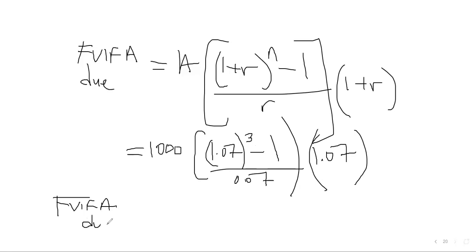From here, we can finish up. This is 1.07 to the power 3 minus 1, divided by 0.07, multiplied by 1,000 and by 1.07. This is 3,439.943 for the due of the future value.